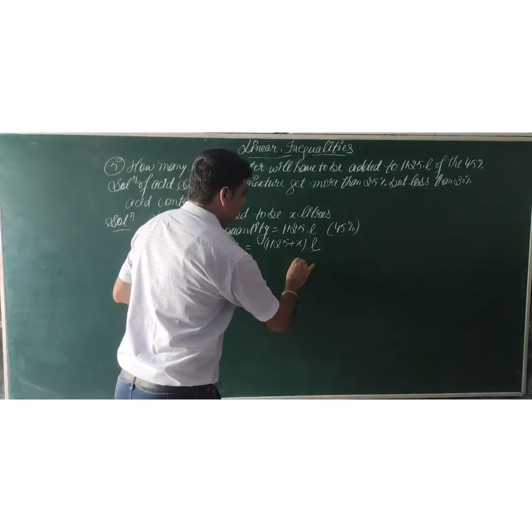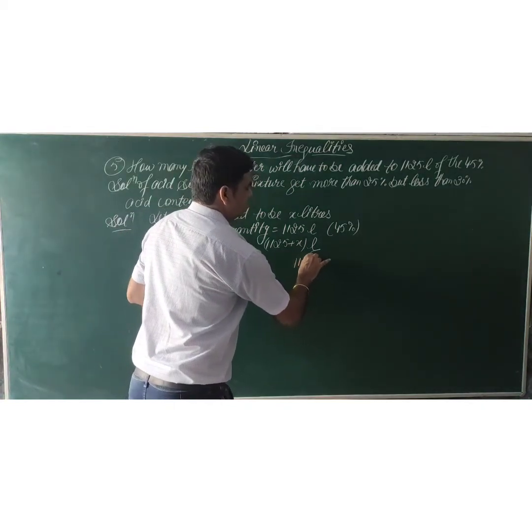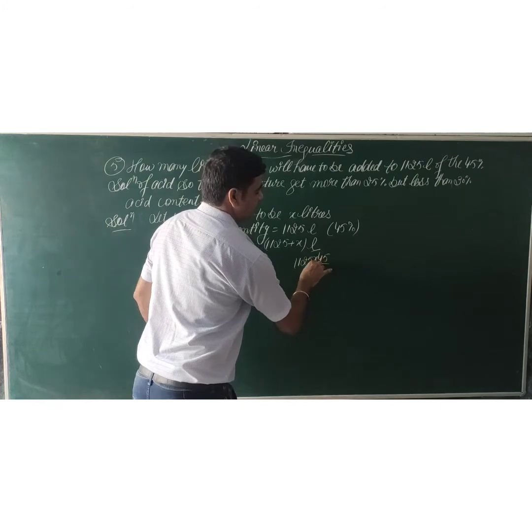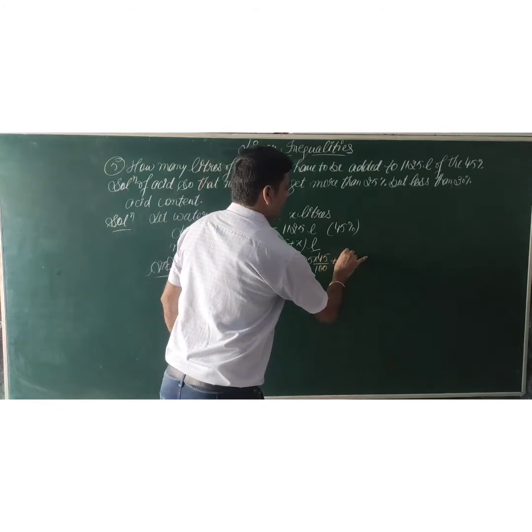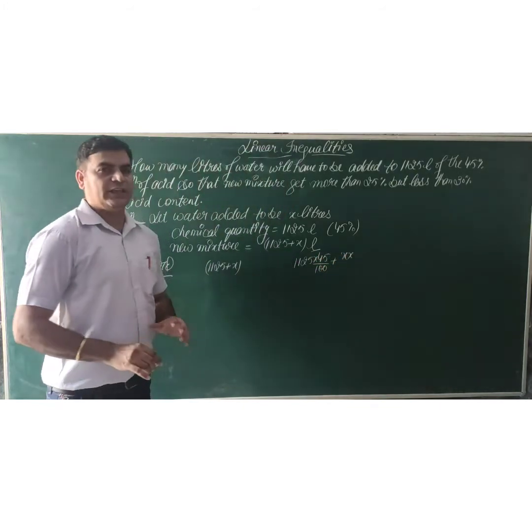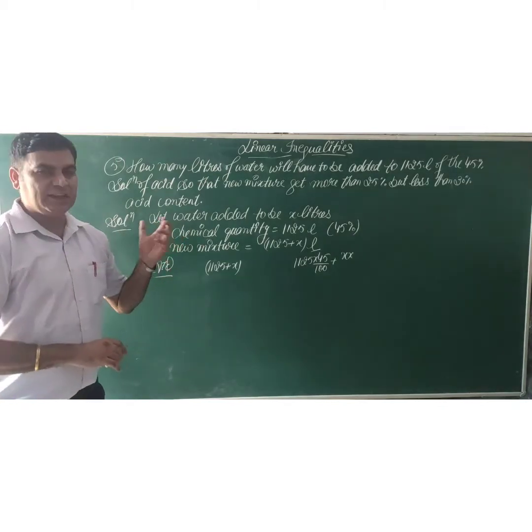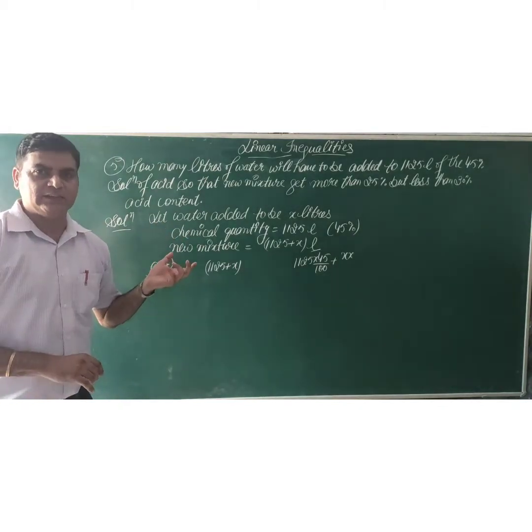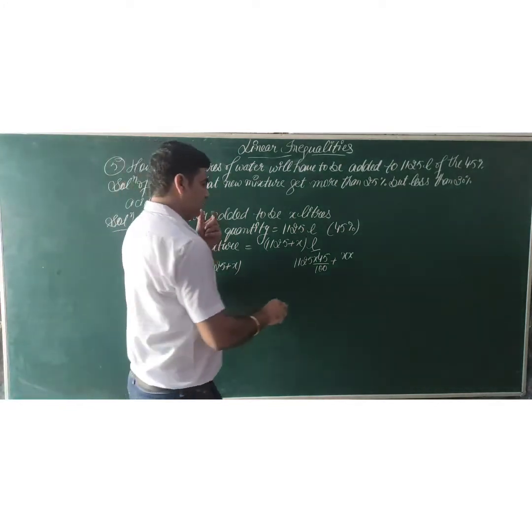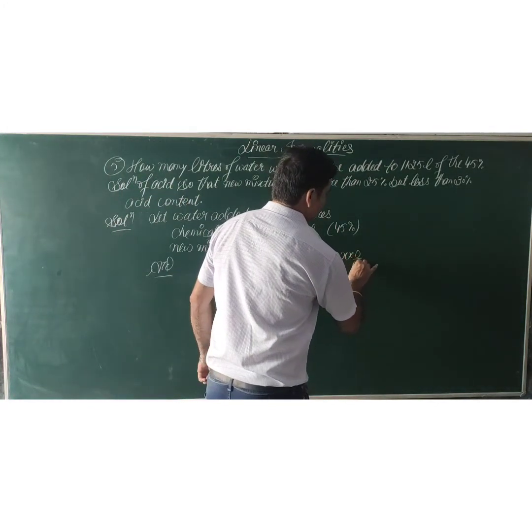This is our first chemical having 45%, plus water x. There is no acid in water, because water is drinkable; if it contained acid we could not drink it. So the acid in water is 0%.